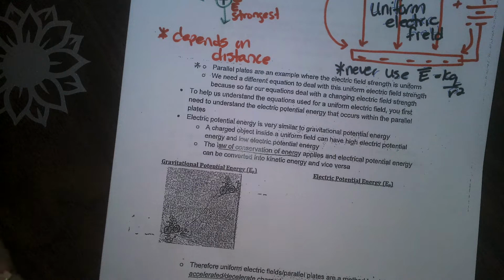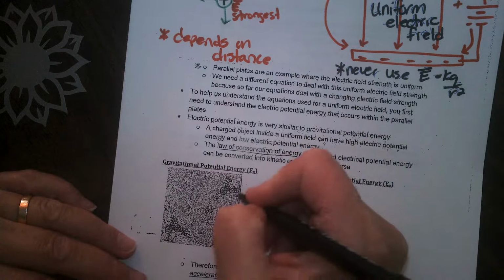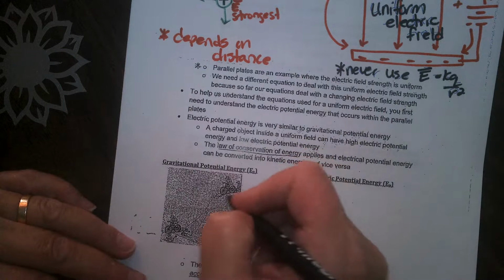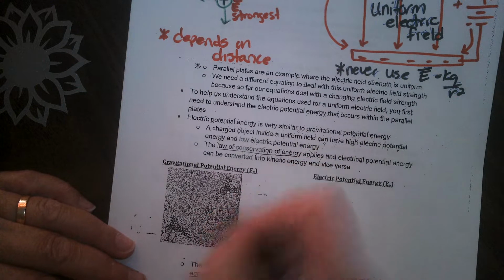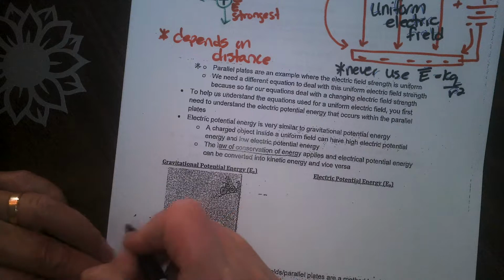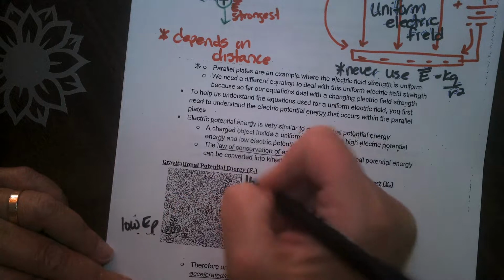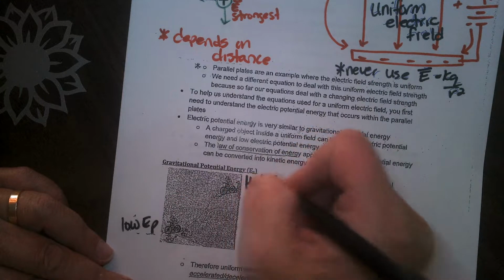And so we have potential energy we know is highest here before we are in motion and lowest here once we are in motion. So this is low EP and this is high EP.